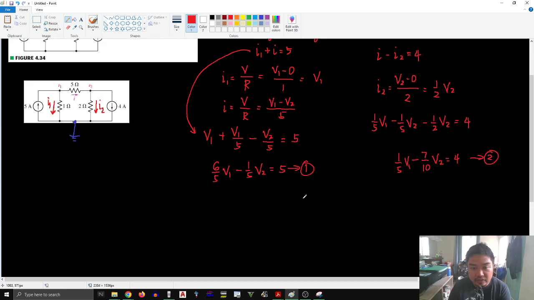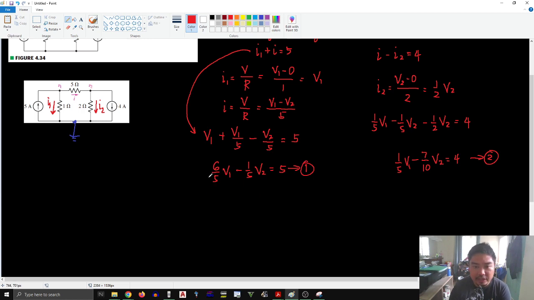I think it is much better to use simultaneous equations, elimination and substitution. So let us try to remove all the denominators in equation 1.